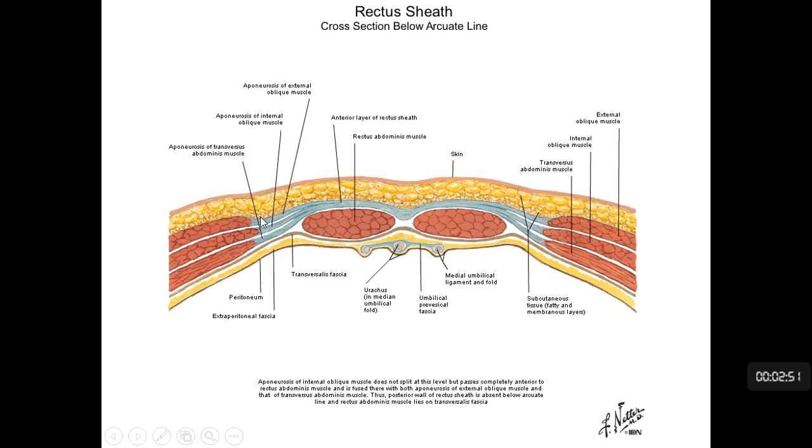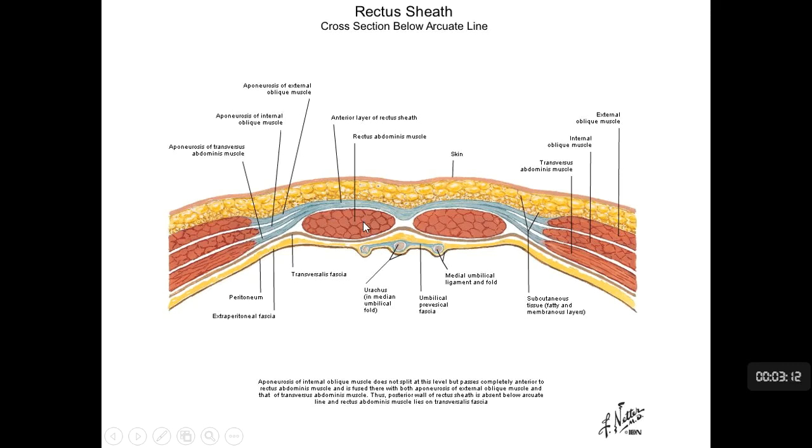The external oblique aponeurosis comes to the anterior. The internal oblique aponeurosis here does not divide into two layers. There is only one layer that comes to the anterior of the rectus, and the transverse abdominis also comes to the anterior.